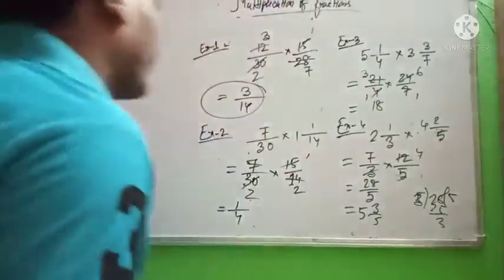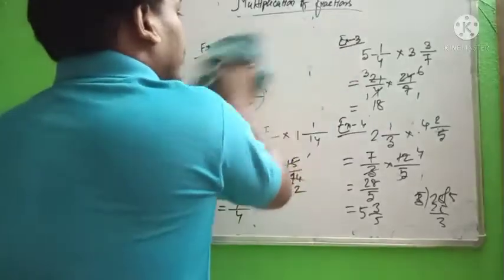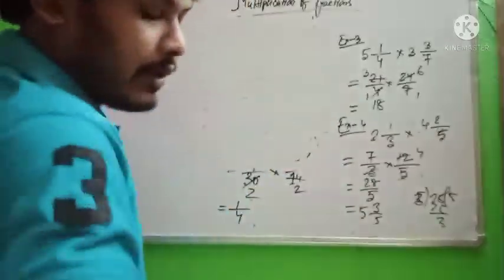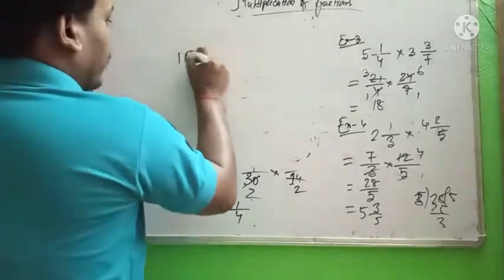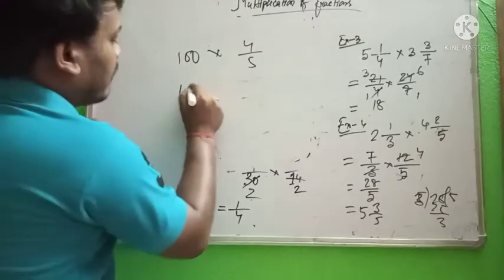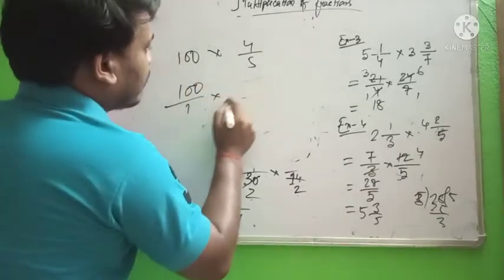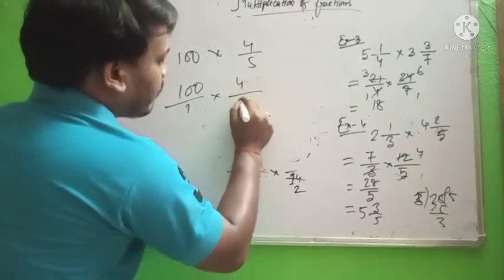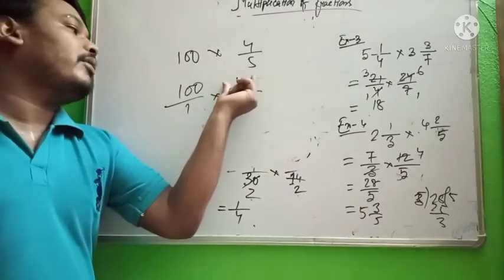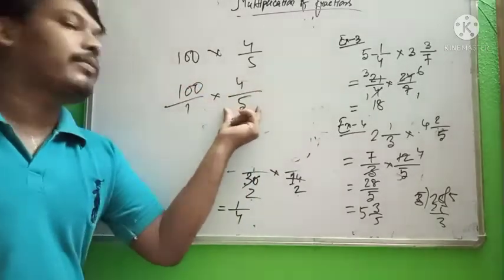And the last case is a whole number into a fraction. That means 100 into 4 by 5. So we can think of 100 by 1. That means 100 can be multiplied with 4, and 100 and 5 can be cut.